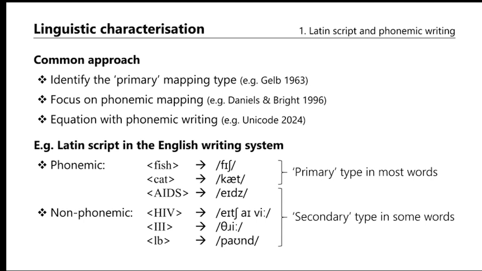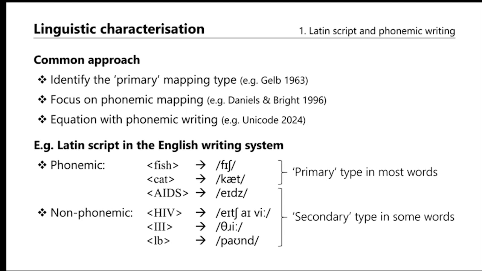You can look at Daniels and Bright's book for the descriptions of different writing systems. Because phonemic mapping can be found in many or maybe most Latin-based writing systems, there seems to be a tendency to equate the Latin script with this specific type of writing, phonemic writing.